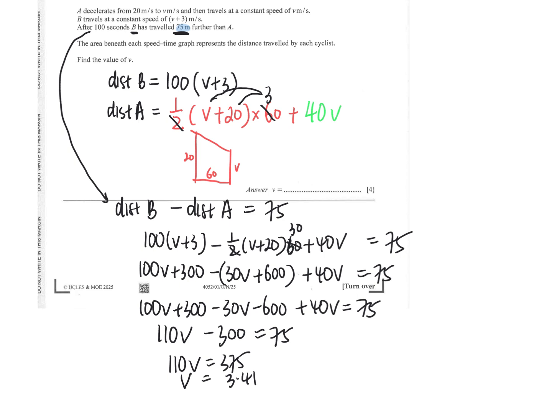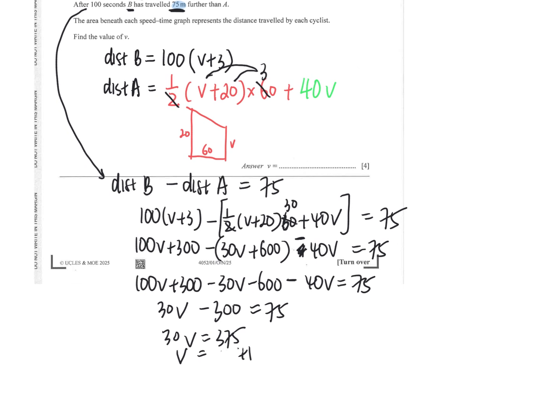Times 40V, right? Oh, I forgot to minus this whole thing. So this is a minus. So this is a 30V. Okay, 12.5.